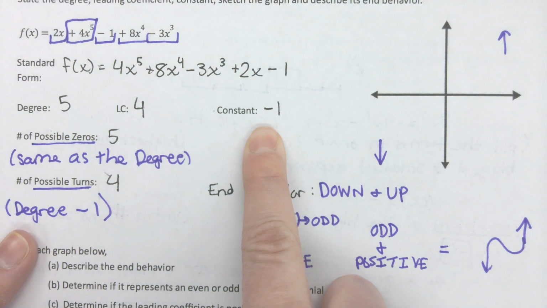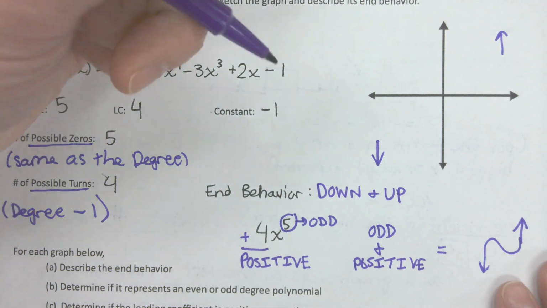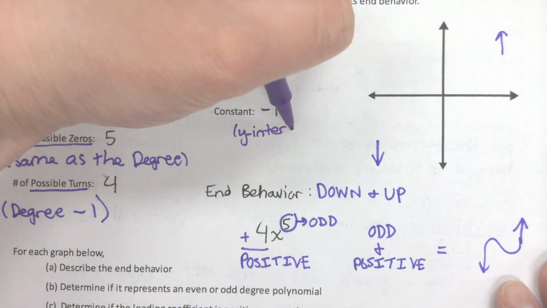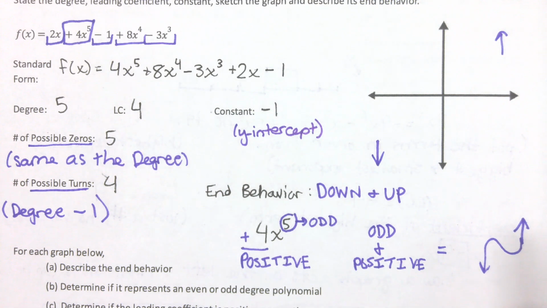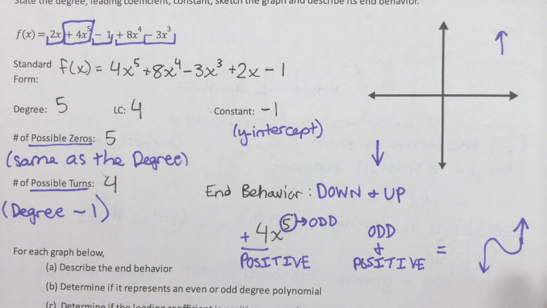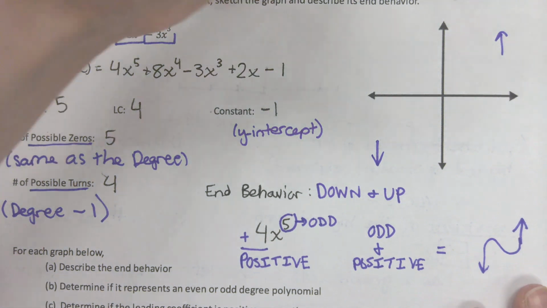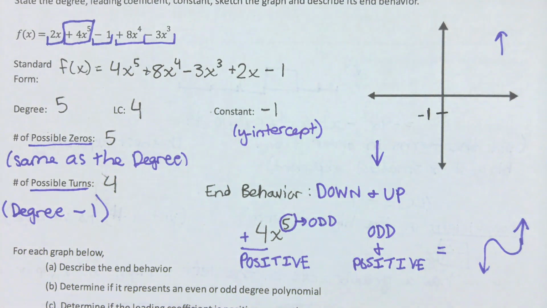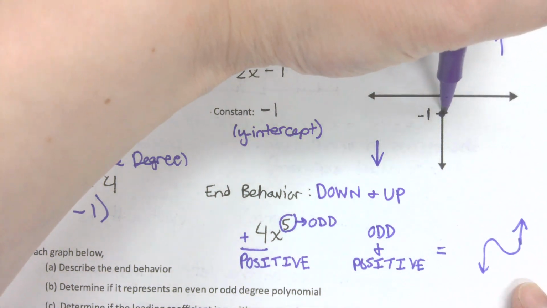Our constant -1 also is a special part on the graph. This is also the y-intercept. The constant at the end is the y-intercept. So, on our plane here, we'll call this -1. I'll go ahead and put a point there.